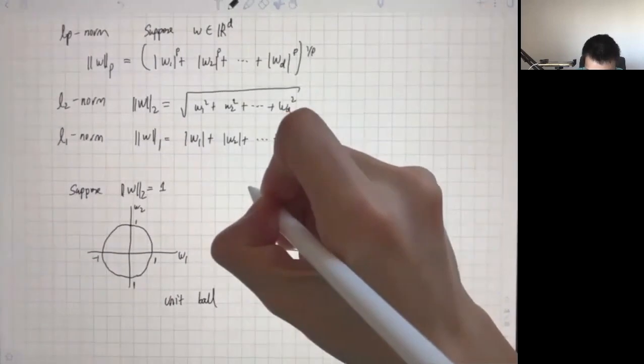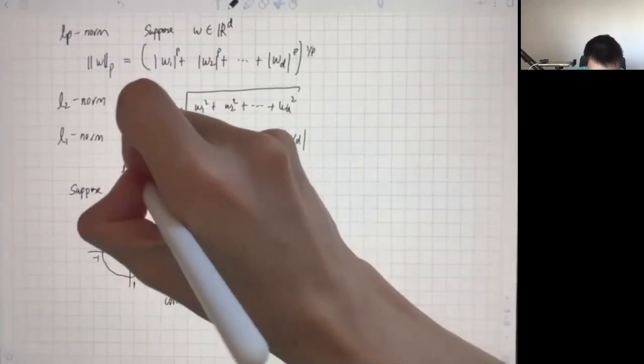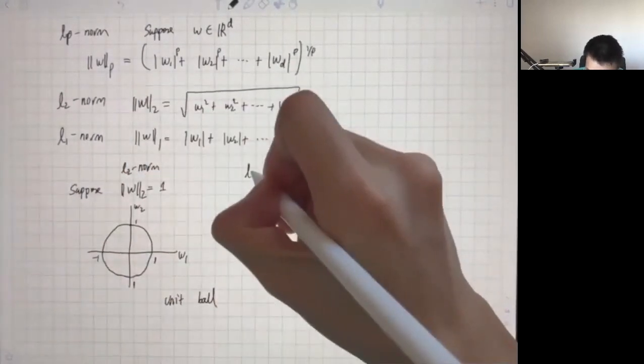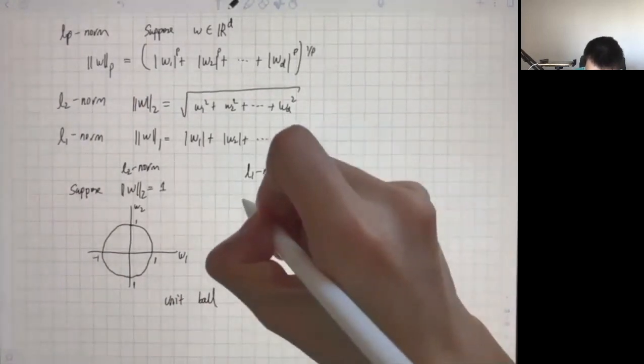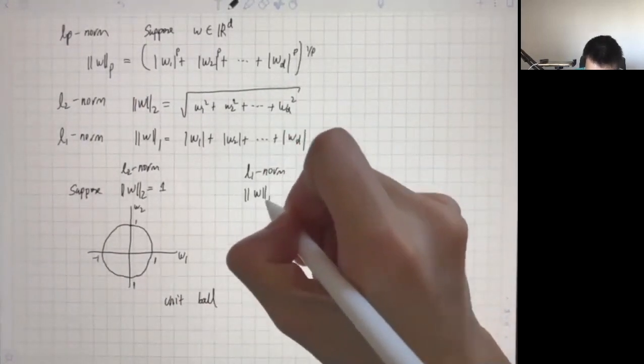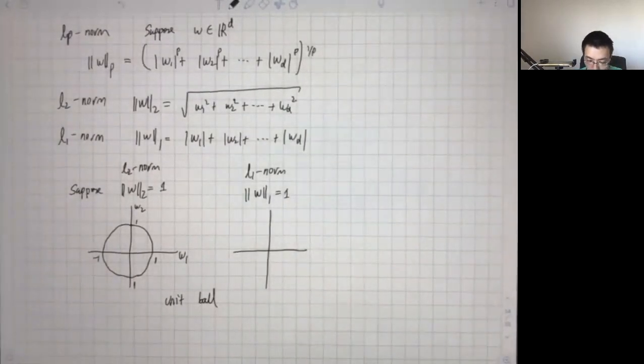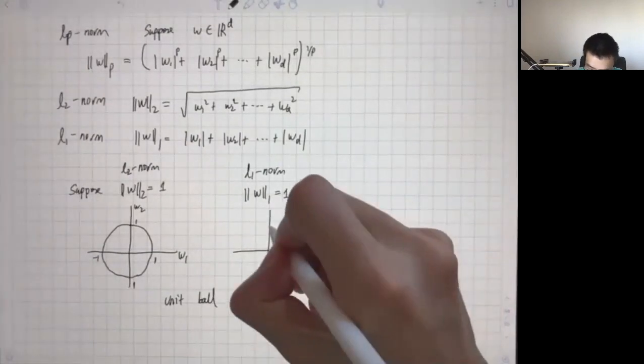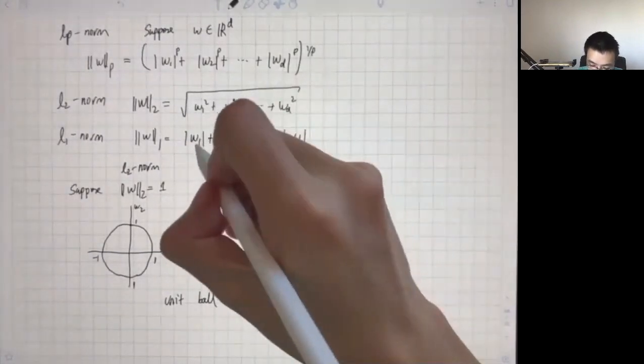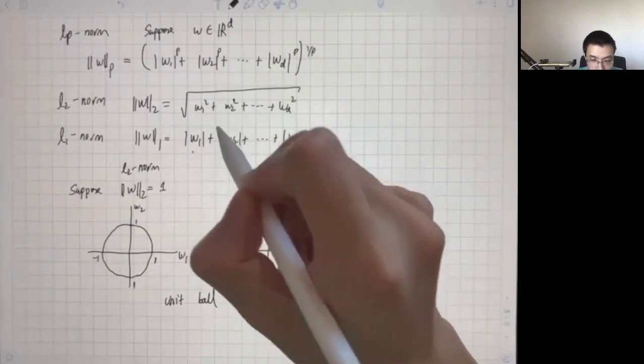And for P equals 1, the L1 norm, I'm saying the vector length is 1, which is equivalent to saying the values of the different axes sum to 1.